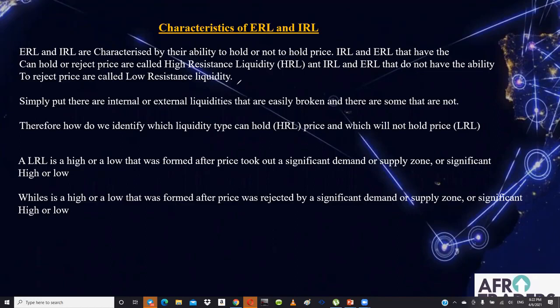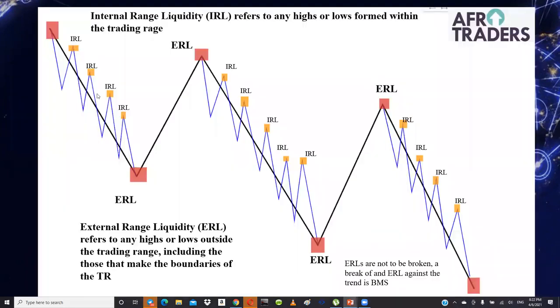So an internal liquidity can be either high resistance or low resistance. If you look at this image, with price trading above all this, then these are low resistance liquidity, and this is a high resistance liquidity. Okay.